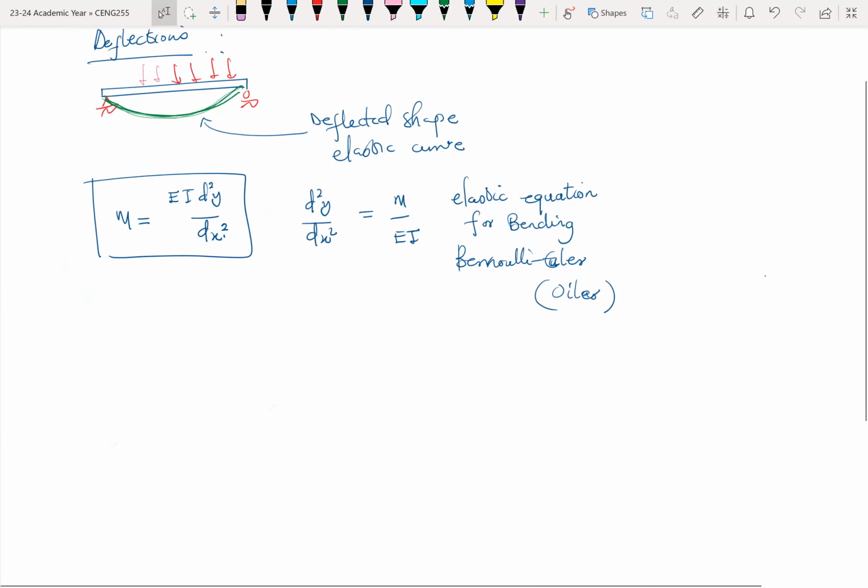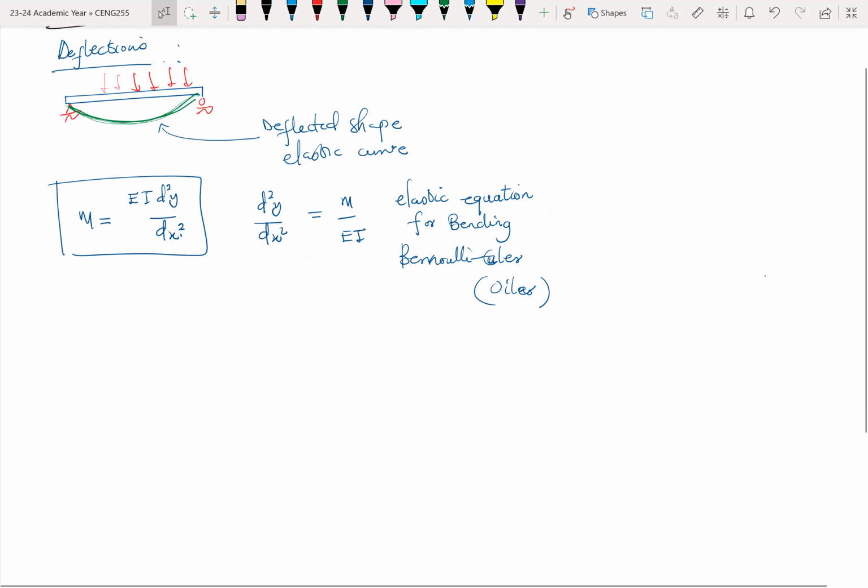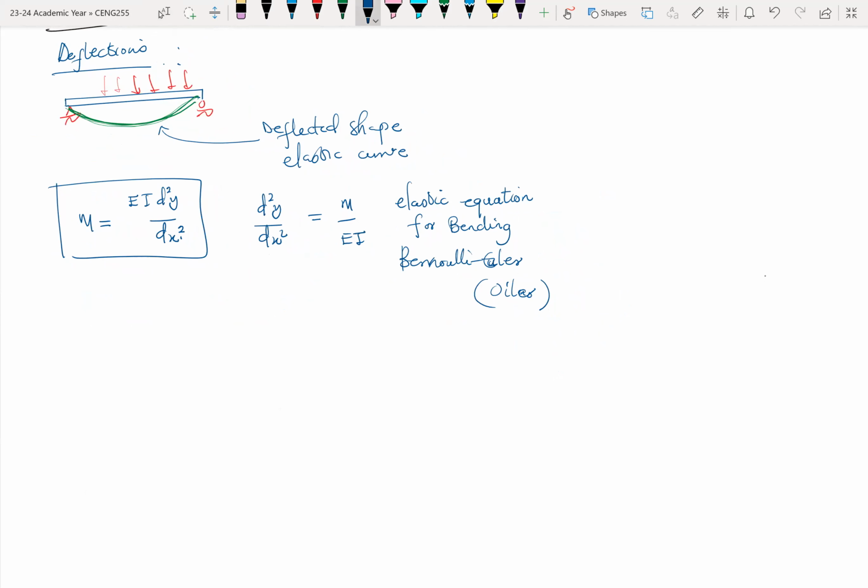So we mentioned that if we are to integrate the elastic equation, let's say we go through one integration, the first integration, then we'll end up with EI dy/dx, which is equal to the integral of M dx.